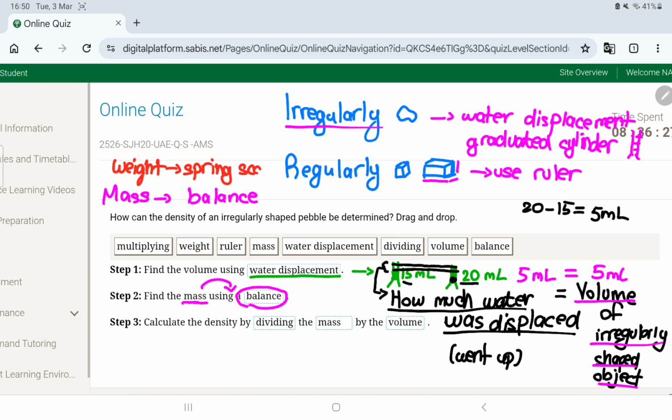Now, how do you find the density? We say that the density equals the mass over volume. The over means divide. So you find the density by dividing the mass by the volume. So basically this is what the question is about.